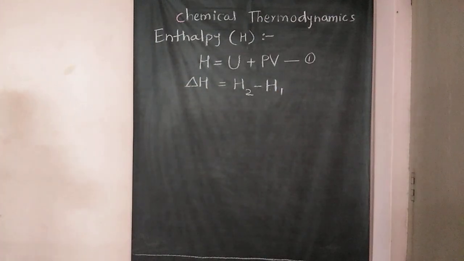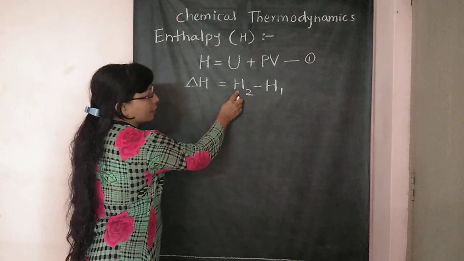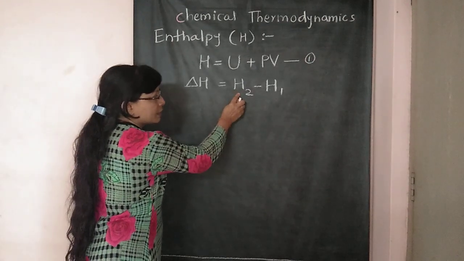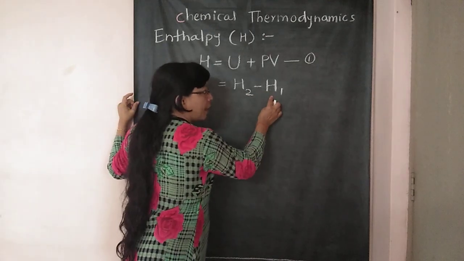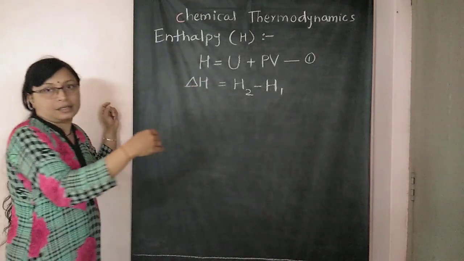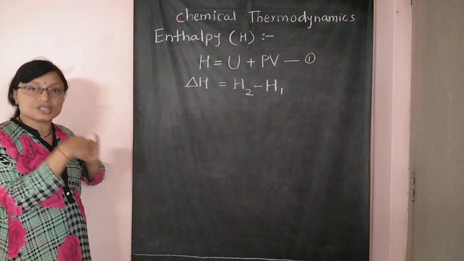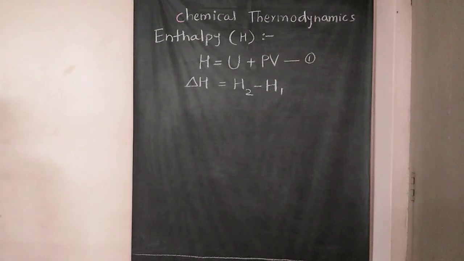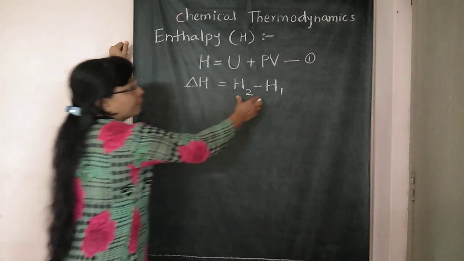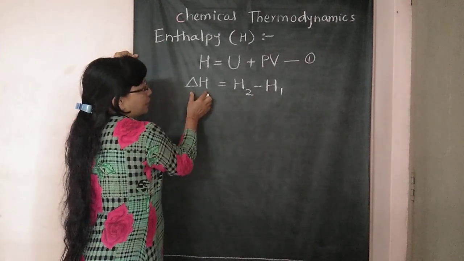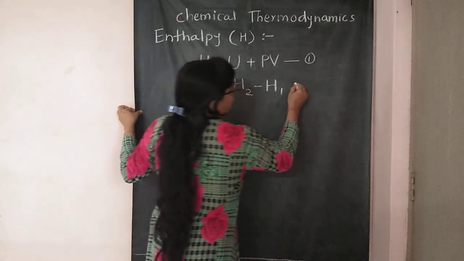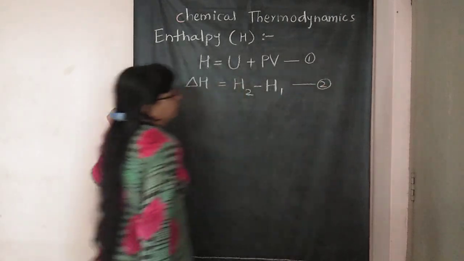H2 is the enthalpy of the final state and H1 is the enthalpy of the initial state of the system or reaction. Their difference is the enthalpy change, delta H. Suppose this is equation 2.